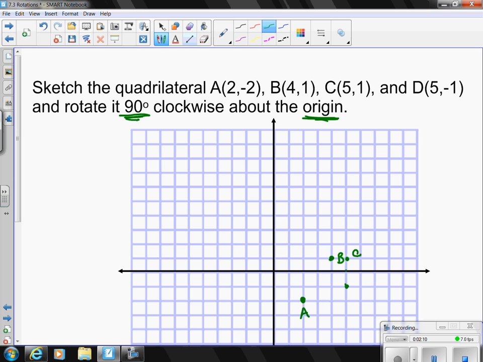And I probably should have put B a little bit higher. This should work out a little bit better. Alright, so here's B, C, and D.